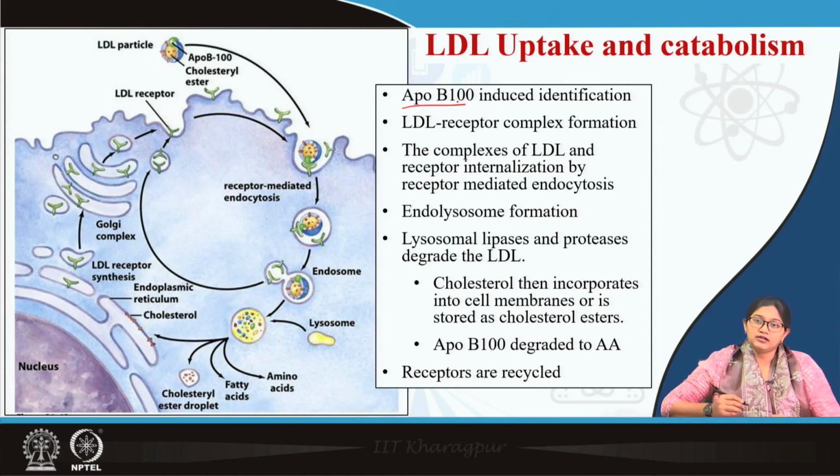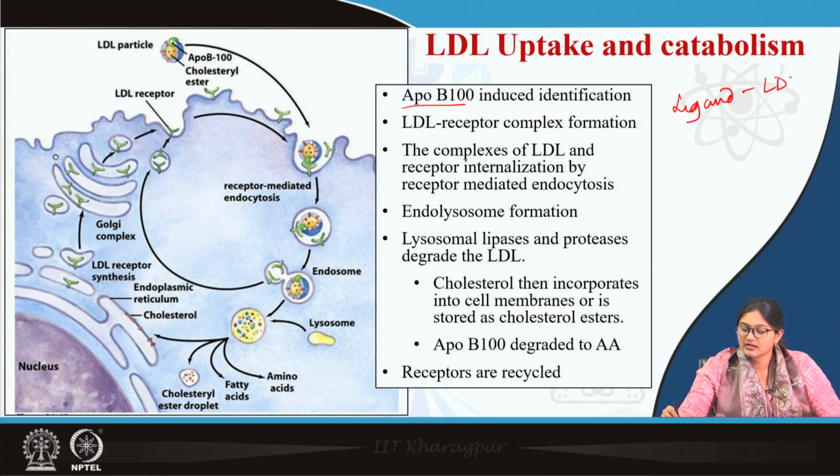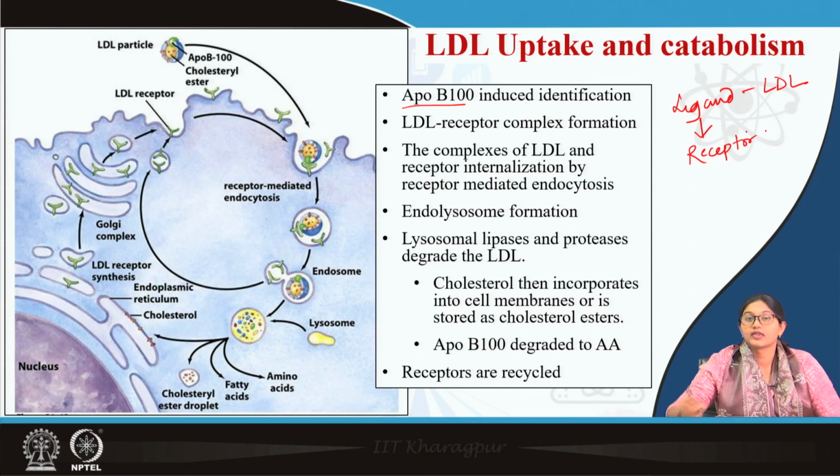Now, definitely there is receptor ligand binding, here the ligand is the LDL, remember. So, this ligand is bound to the receptor, and that receptor ligand complex is endocytosed by receptor mediated endocytosis.